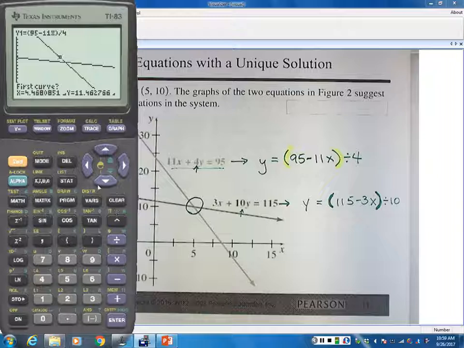So you make sure it says first curve. It doesn't know lines and curves are the same thing. So say yes, this is the first equation, and this is the second equation, and then hit enter and let it guess. So basically you're going to graph the two equations, then second calc, choose number 5, enter, enter, enter. And it tells you that the solution, the intersection point, is at 5, 10.